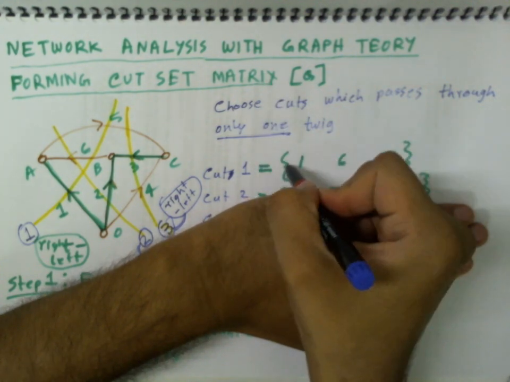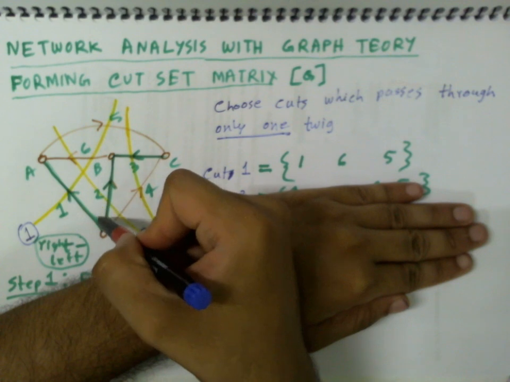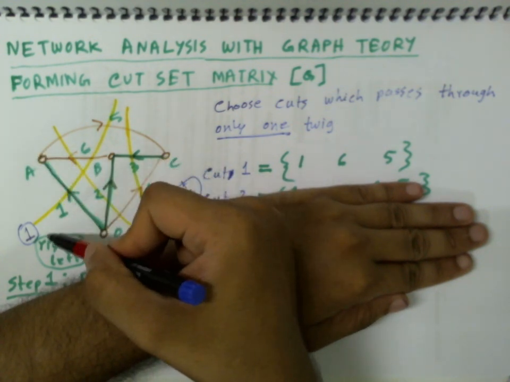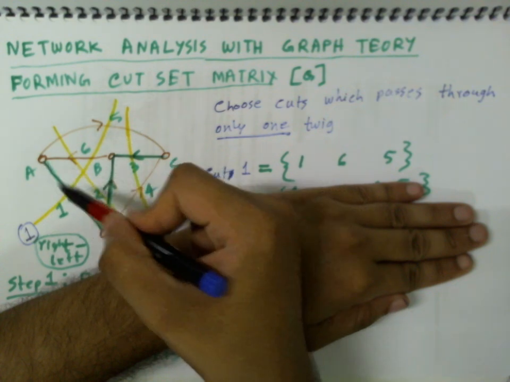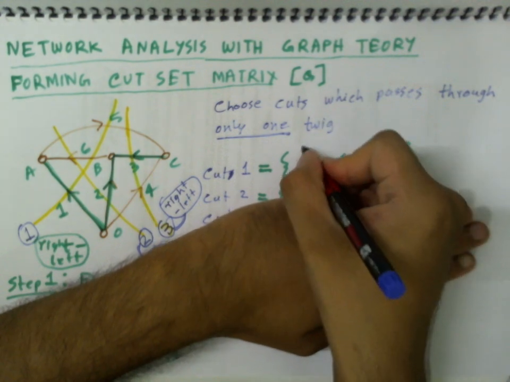Cart 1 is made up of edge 1, and edge 1 goes from right to left, so the direction of this edge is the same as the direction of this cart, so I put a plus sign here.